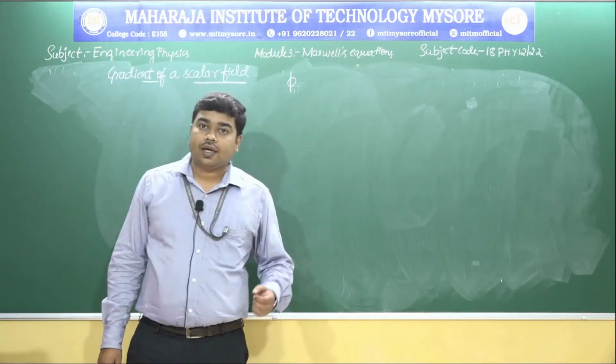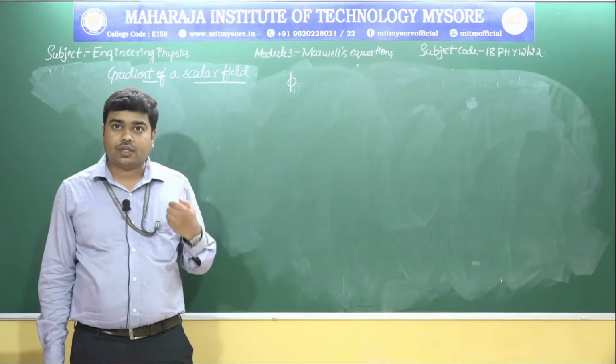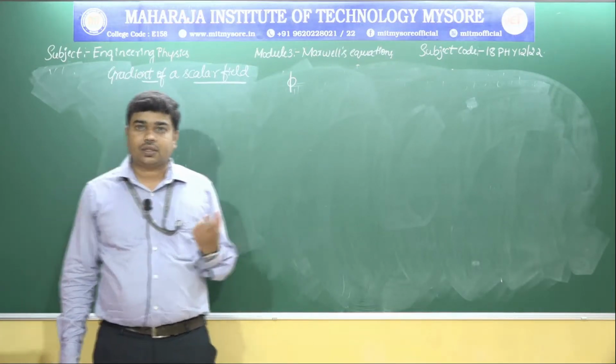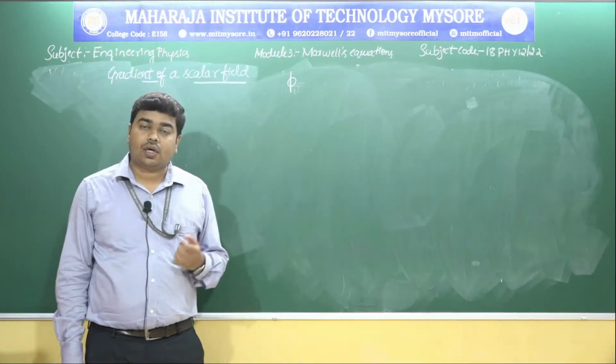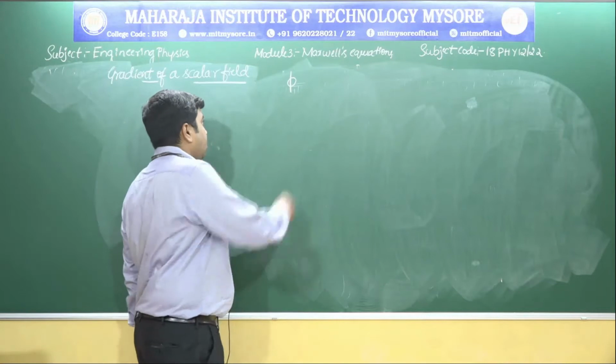In order to define a gradient of a scalar field, we have to consider a vector point function in that scalar field, and then we have to consider a scalar function phi.